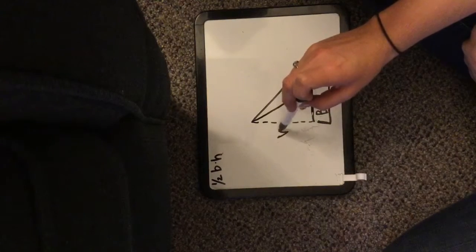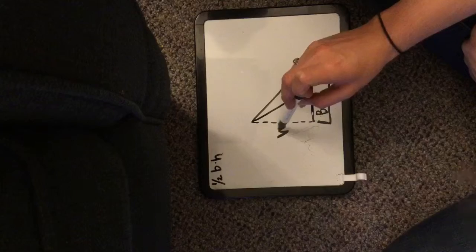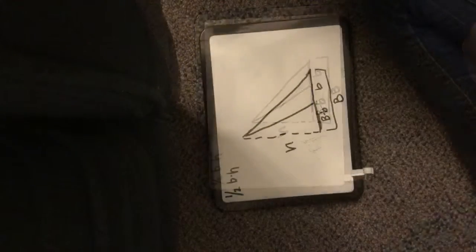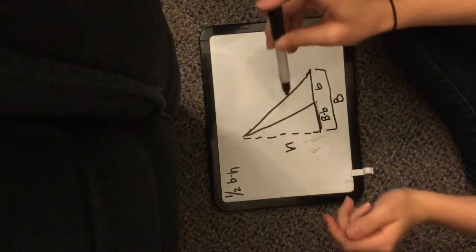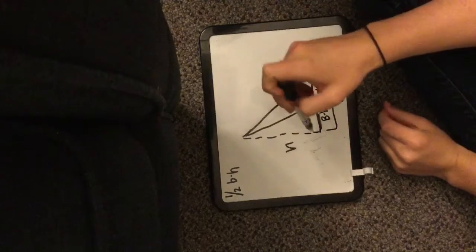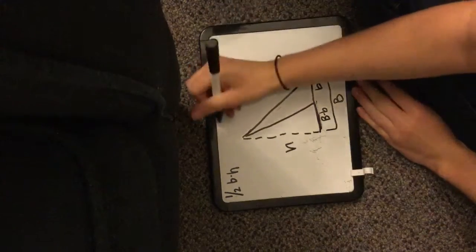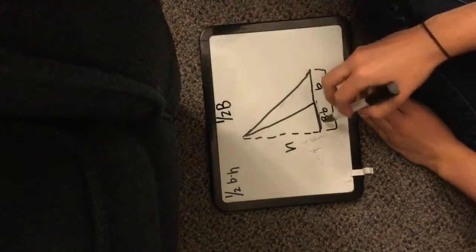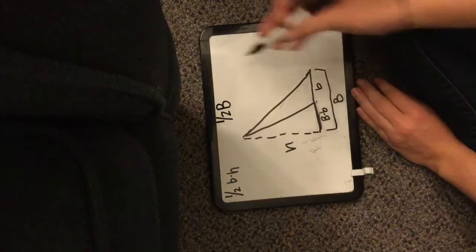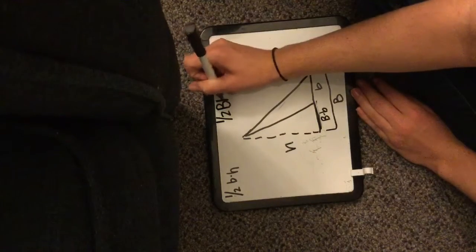This is our height. Now that we have each of our triangles labeled, we have to first find the area of the large triangle, which is 1/2 big B, because big B is the base of the whole triangle, times h.